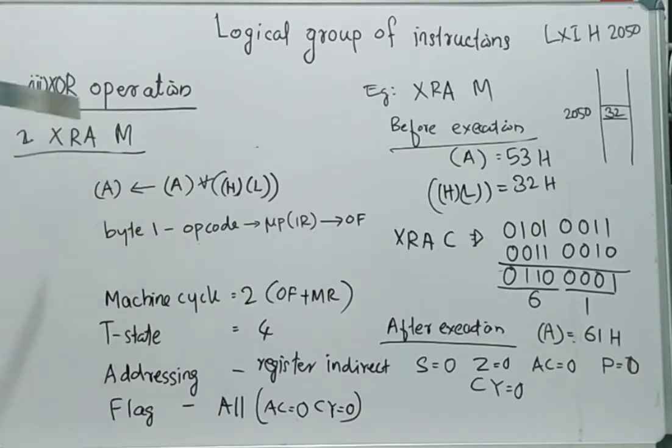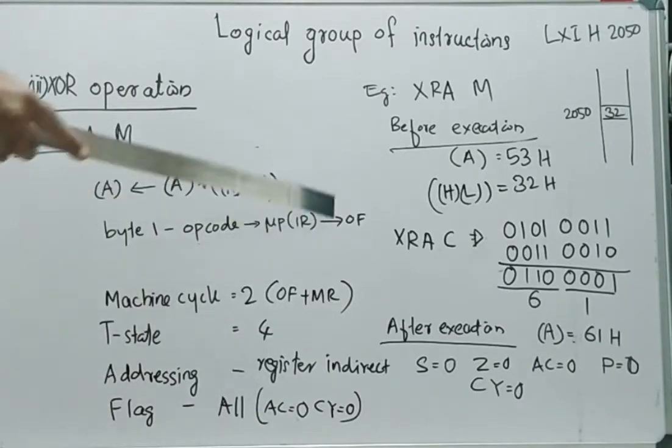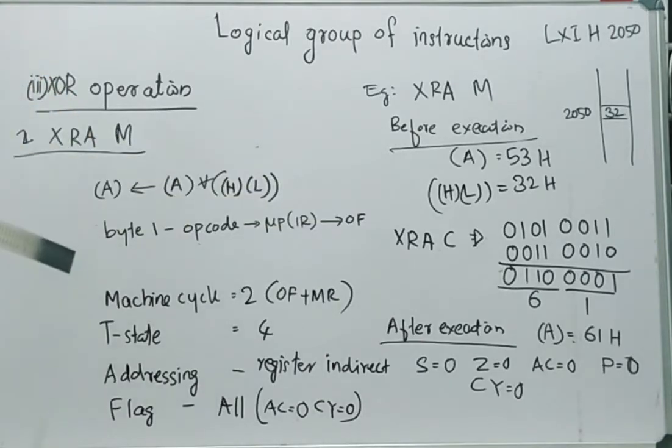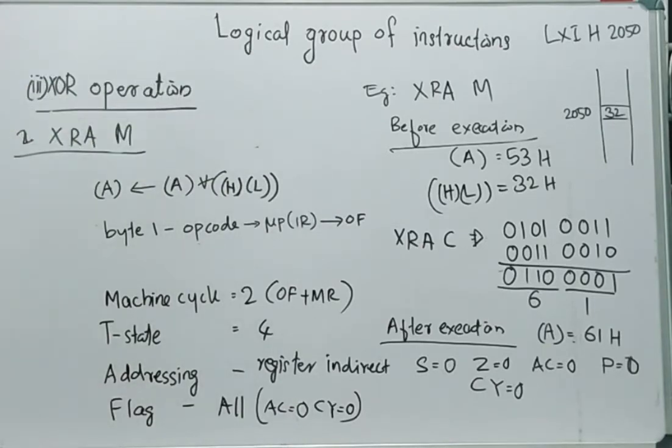During execution of this instruction, this opcode needs to be taken inside the microprocessor, that is into the instruction register. That is opcode fetch. In order to complete the execution of this instruction, it requires 2 machine cycles. First of all, this opcode is taken into the instruction register.